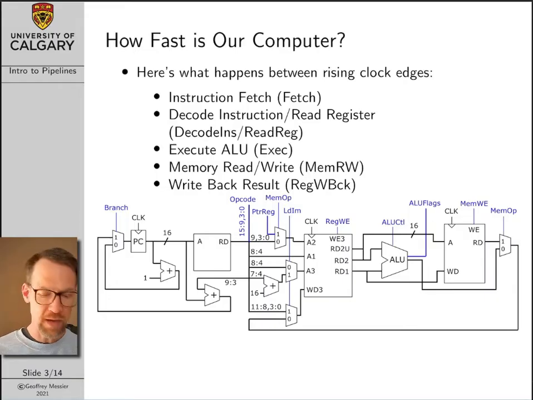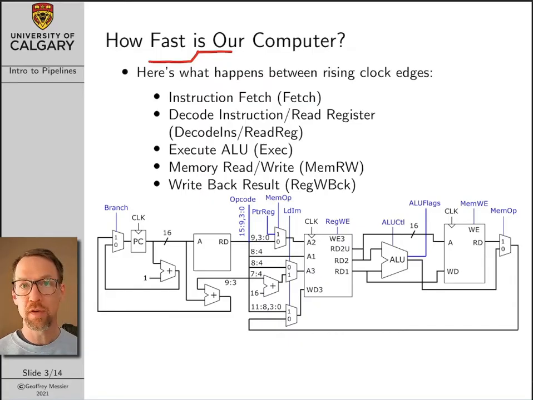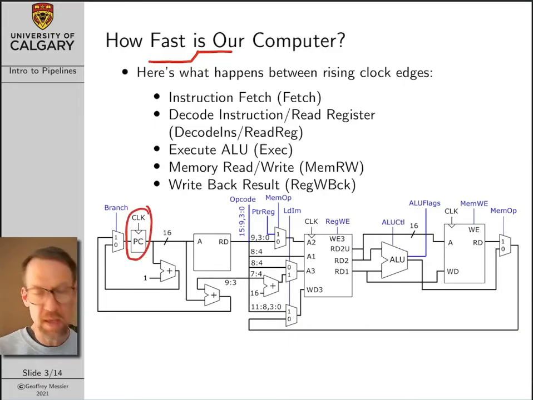So let's think about what happens at the rising edge of our clock. As soon as we get a rising clock edge, the first thing that happens over on the left here is that our program counter gets updated with a new address.